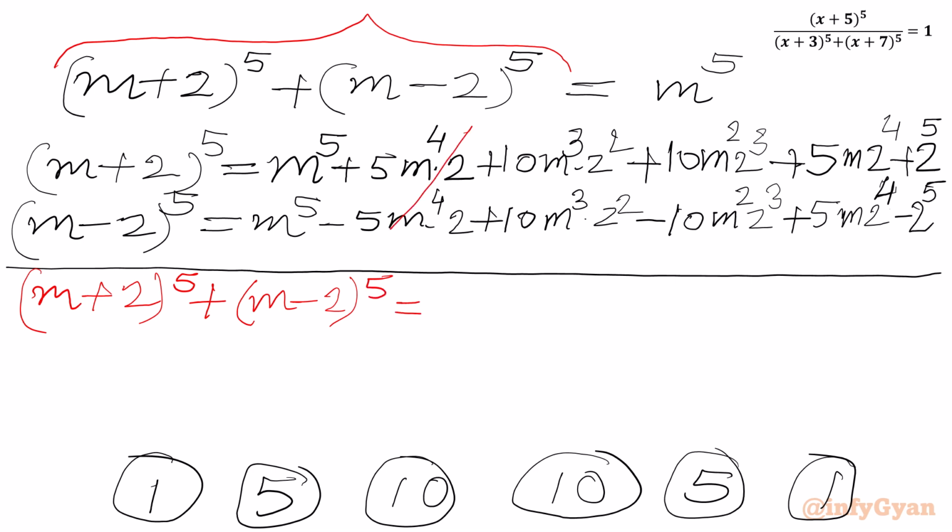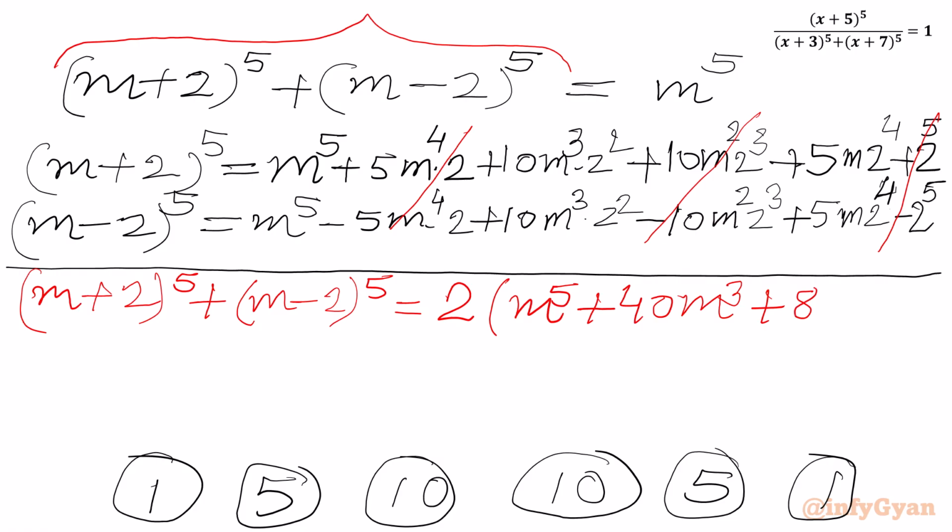These terms will be over, so we will get 2 times m^5. Then 10 times 2 square, which is 4. 10 times 4 is 40, so I will write 40 m cube. Then we have 5 times 2^4, so 5 times 16, 80. 80 times m.